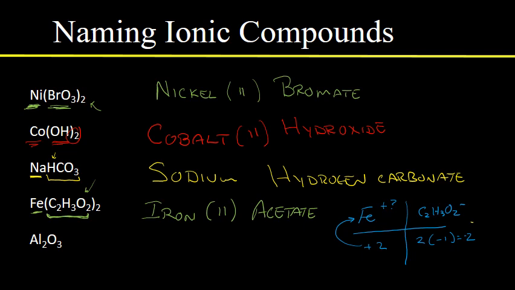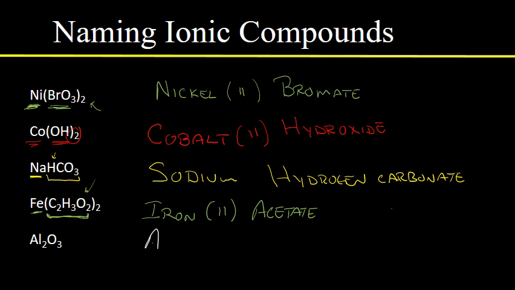All right, and our last one, we've got aluminum and oxygen. And the oxygen here, this is not a polyatomic ion. It's just 3 simple ions, 3 oxides.